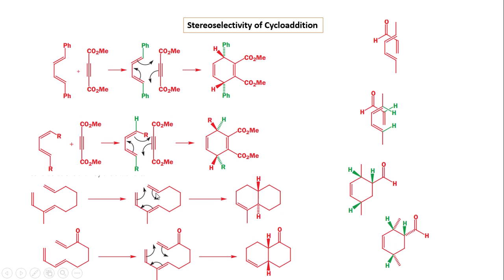Similarly, if we take this hydrogen atom and this hydrogen atom, these two hydrogen atoms are in opposite orientations, one on the lower side and another on the upper side. So after the addition, we get the stereochemistry at the junction in the cis orientation. In the case of the ketone system, by endo orientation we get the cis orientation. Here both conformations are attained, and hence the hydrogens are on the same side, and we get the cis product.